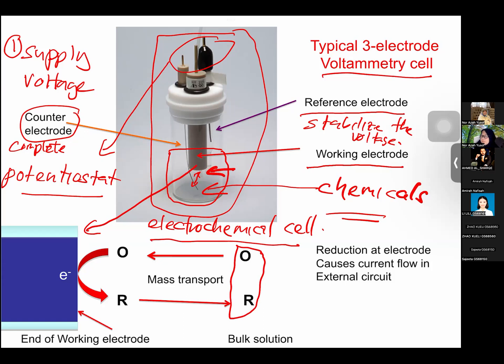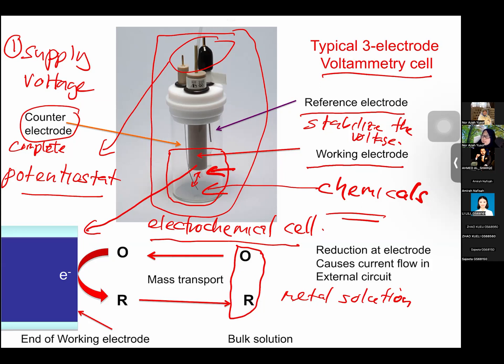So if you put organic solutions in the beaker, even though you supply voltage, there will be no reaction because it is not electroactive. For electroactive materials, for example, metal solutions and a lot of salt solutions, that is electroactive.